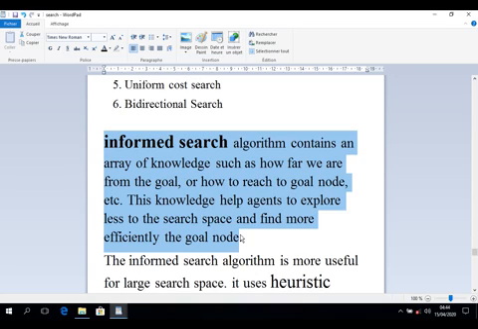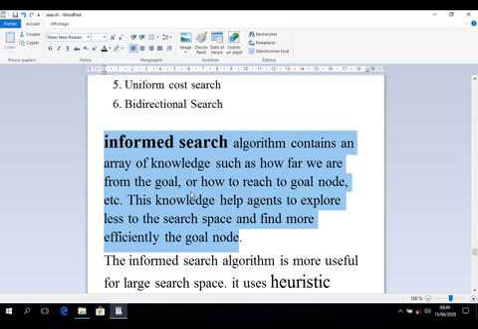Now, what is informed search? Informed search algorithm contains an array of knowledge such as how far we are from the goal. Is it okay? Or how to reach the goal. This knowledge helps agents to explore less of the search space and find the goal node more efficiently. So that is the difference.